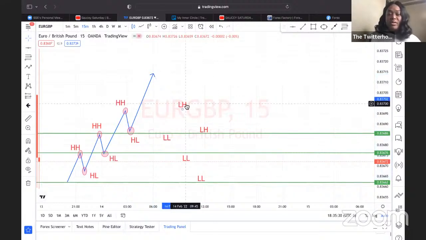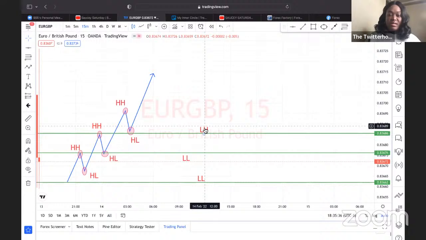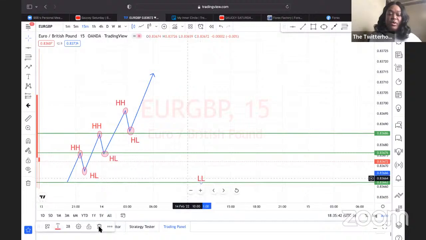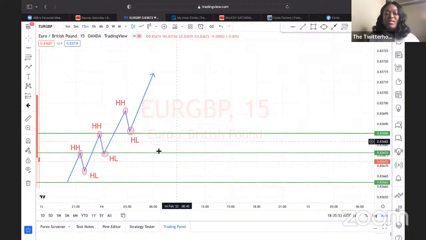But what you want to focus on as a new trader is buying the ceiling, following the trend. So if it's an uptrend, you want to buy the ceiling. I know that you may hear on social media all over, buy the floor, buy the floor. But you want to think about buying the ceiling.